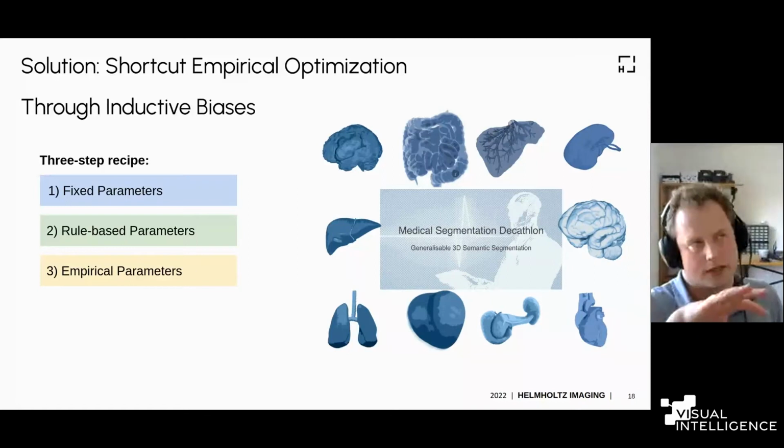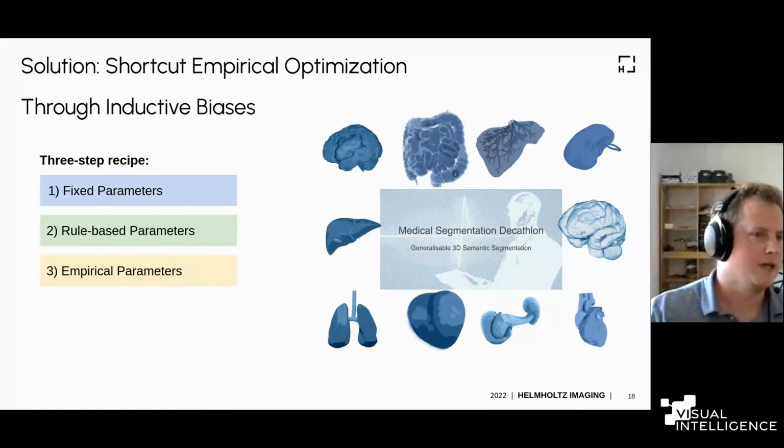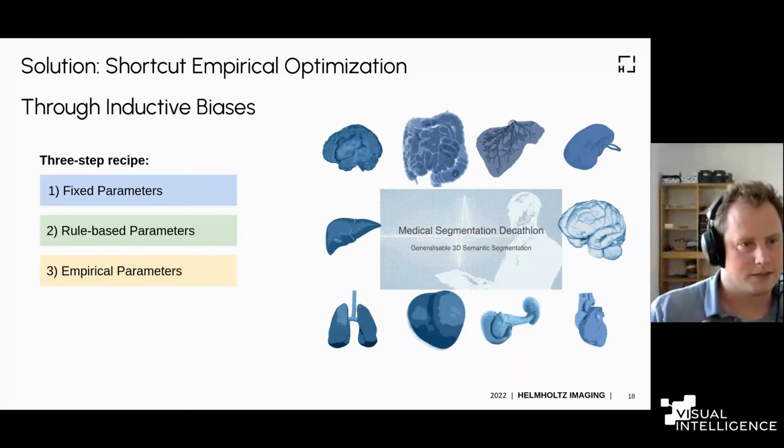The overarching design principle behind nnU-Net is that we distinguish all the different parts of the pipeline that I also already mentioned previously in 3 different sets of parameters, and follow what we call a 3-step recipe to define these 3 sets of parameters.